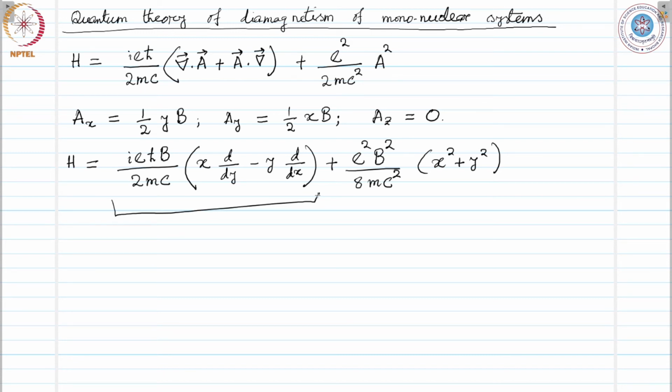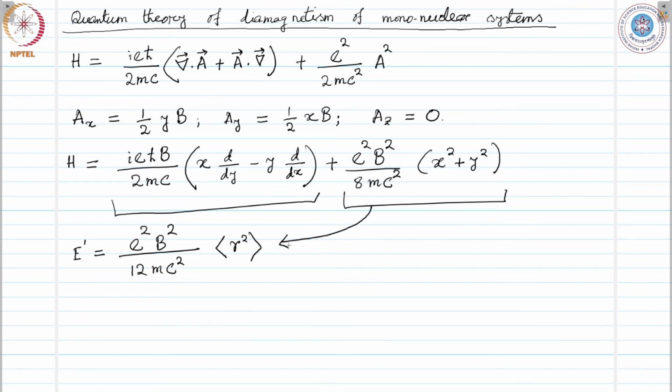In a mononuclear system, this term will give rise only to paramagnetism, and the second term here gives, for a spherically symmetric system, a contribution in energy E prime equals e squared B squared over 12 m c squared times the r squared expectation value. This is obtained by first order perturbation theory from this second term here.